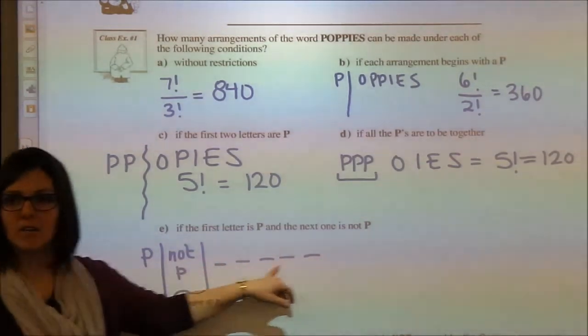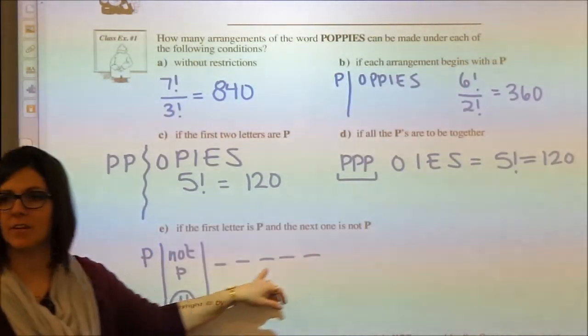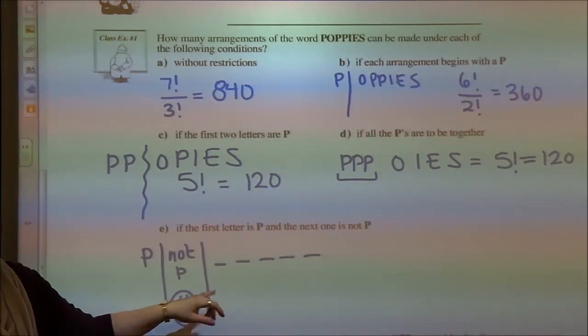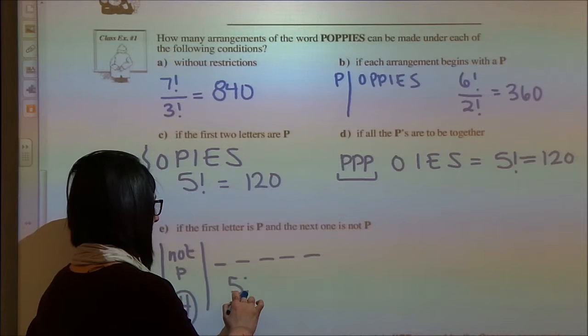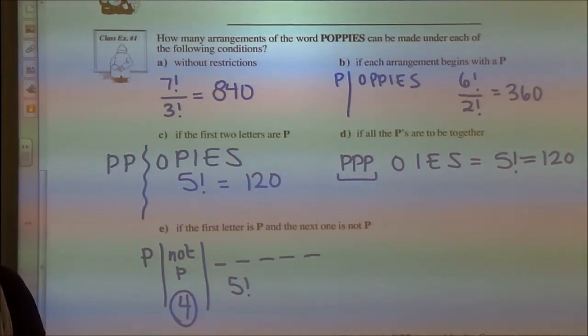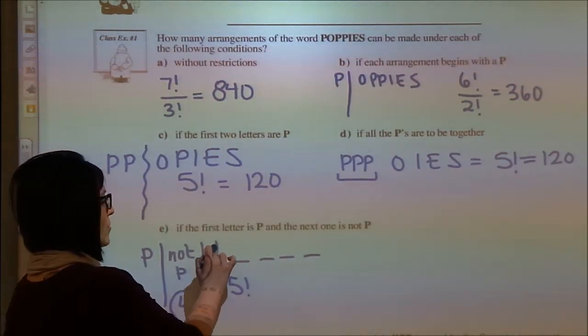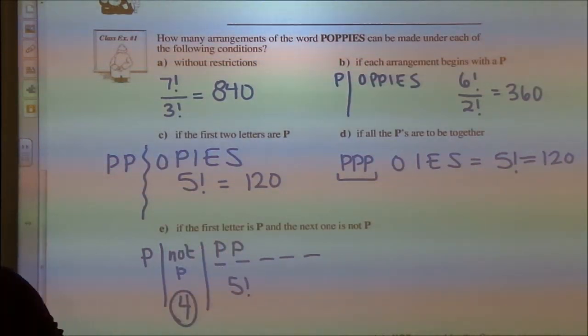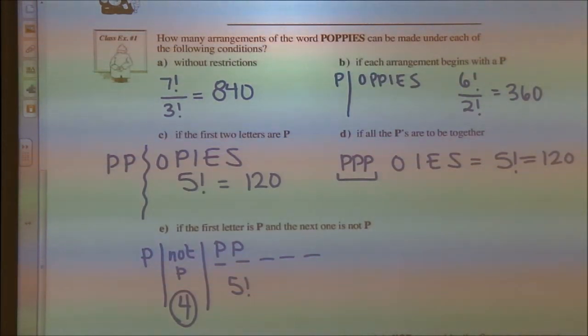And then in here, how many slots do I have to fill? 5. And of those 5 slots, how many P's do I still have? I still have 2 of them, and those 2 could be anywhere. I'm just going to put them in the first 2 as a reminder that I still have 2 P's in those slots.